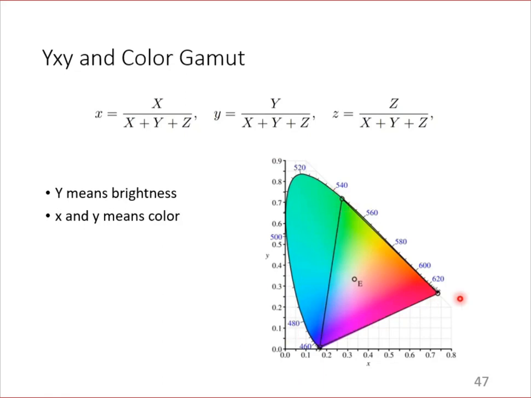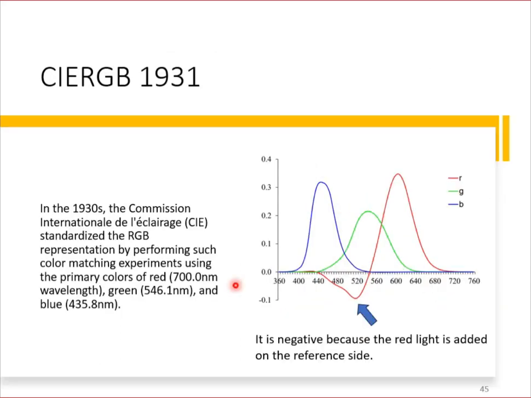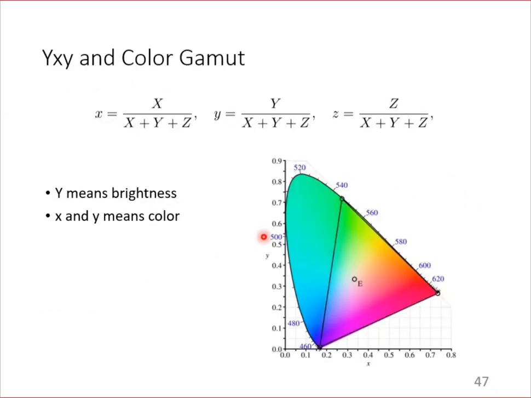Let's see the triangle. It is the three specific light waves, 700, 475, and 546 on the 3 points. So it means for any color, using the three specific light waves, we can interpolate them within the triangle or extrapolate them out of the triangle.